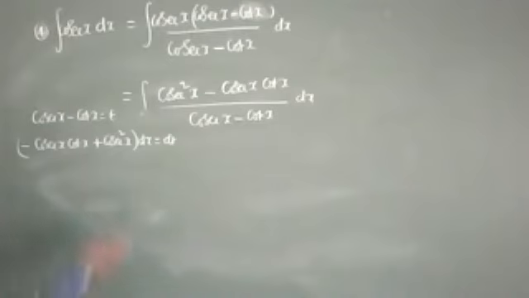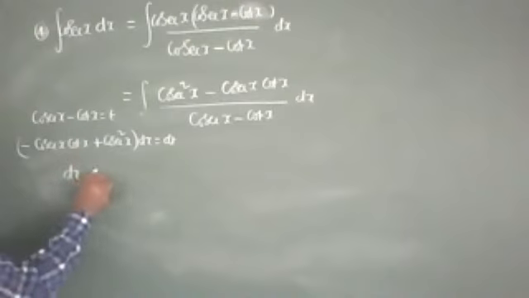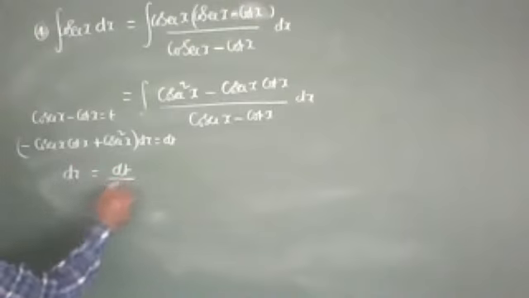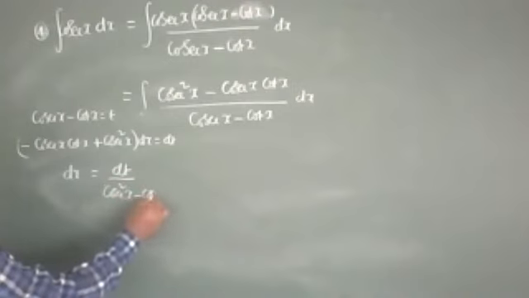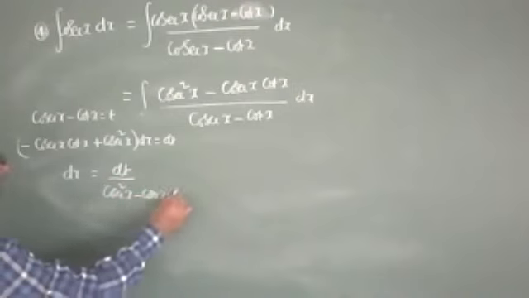Take minus common, is it clear now? Right, cosecant square x. Now write down dx is equal to dt by cosecant square x minus cosecant x into cot x.